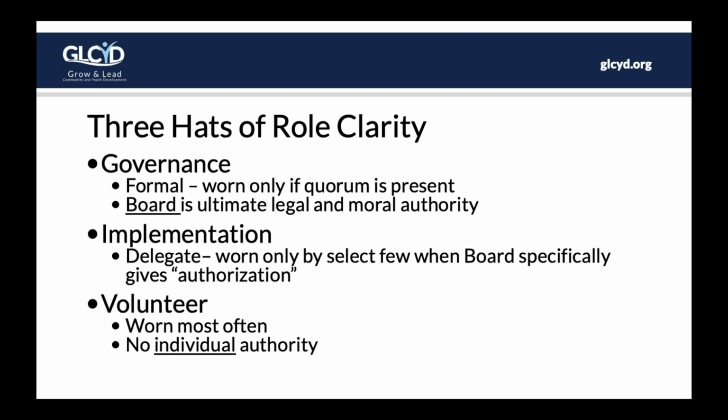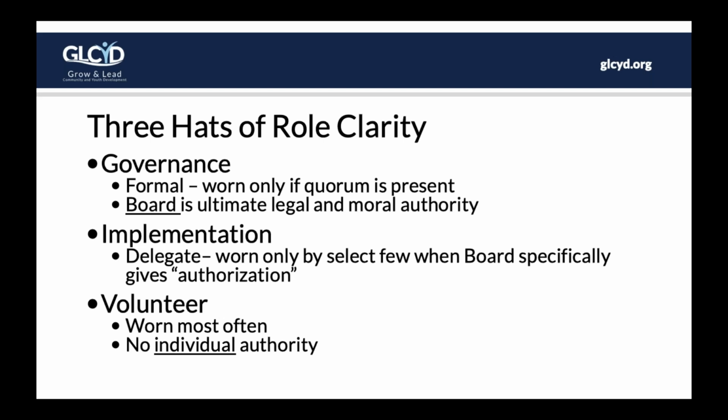The implementation hat that you wear is when you get delegated certain authority or power, and the board gives that authorization. The most common way of implementation is committees or task forces. A task force or a committee has a certain set of structures or parameters that they're allowed to operate in, and that's it. So the finance committee is going to have a little more detailed oversight over the finances of the organization.